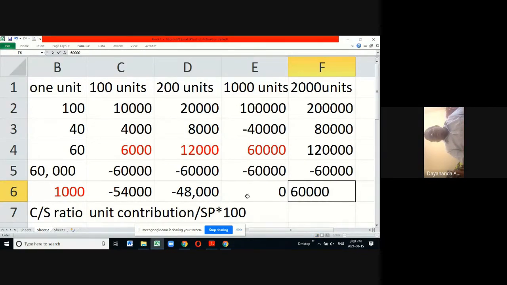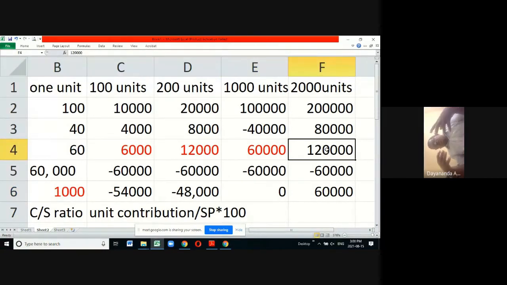So you will see when you are making a profit, your contribution contributes to fixed cost as well as profit. So thereby contribution represents two things. What are the two things contribution represents? Contribution represents fixed cost and contribution represents profit.